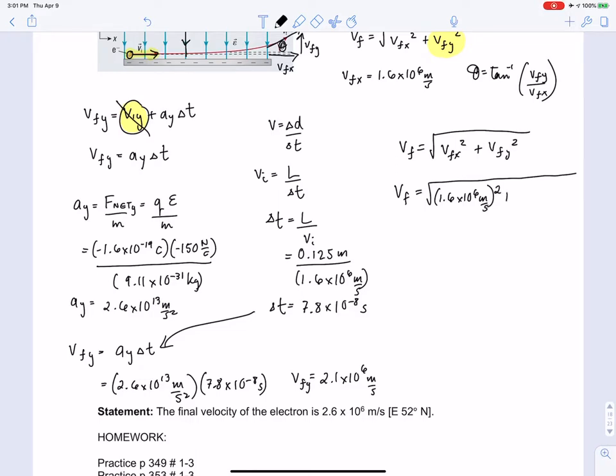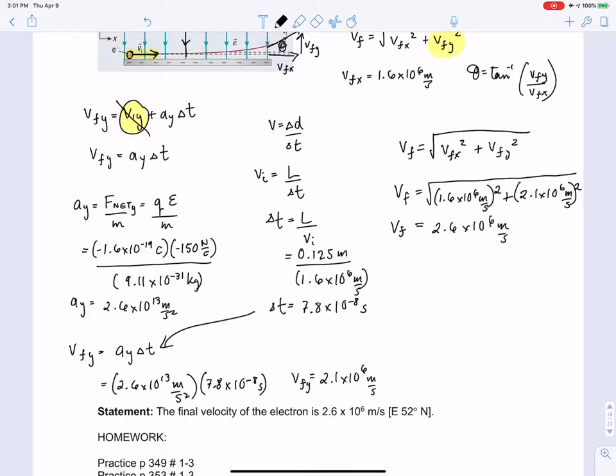We're going to square that, plus 2.1 times 10 to the power of 6 meters per second. We're going to square this, and take the square root of both. We know the magnitude of the final velocity is 2.6 times 10 to the power of 6 meters per second.